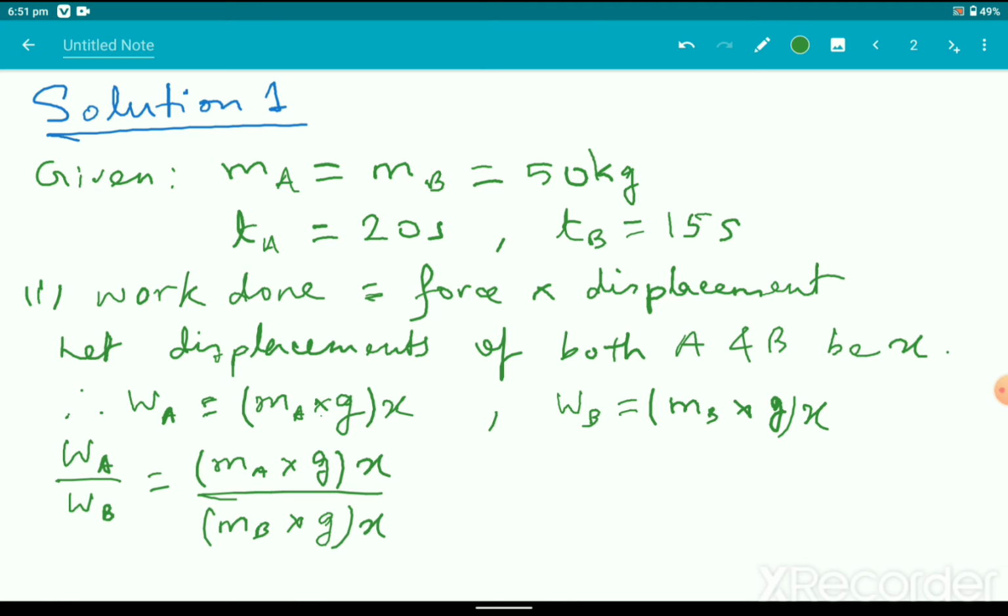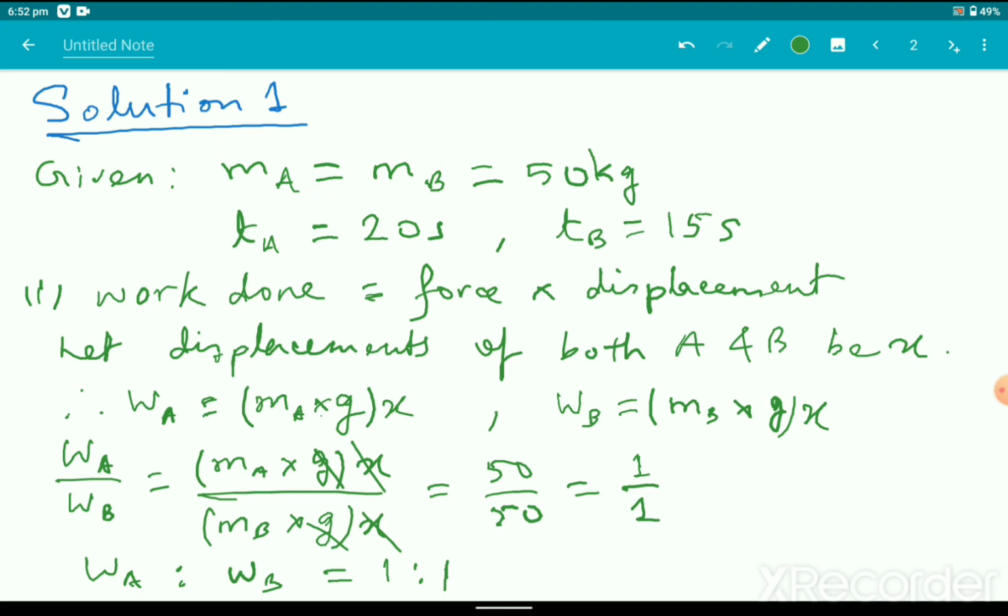Now the x cancels out, g cancels out, and both M_A and M_B are equal, so that also cancels out, 50 by 50, so it's 1 by 1. So you can say that the ratio of the work done, W_A is to W_B is nothing but 1 is to 1. Okay, so this is the ratio of the work done by the persons A and B.